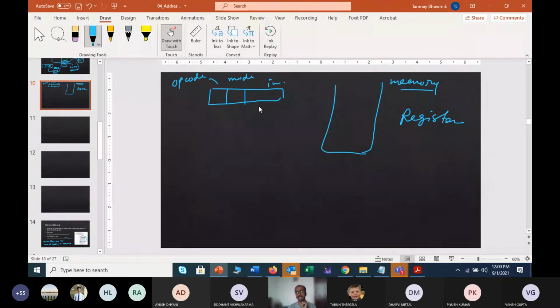How? Say in the case of direct addressing, one location was stored in the instruction, so you were fetching from that location in memory, right? Now, instead of storing a location in your instruction, you can simply write a register. If you write it like BX, where BX is a general purpose register, BX will not point into this memory again.